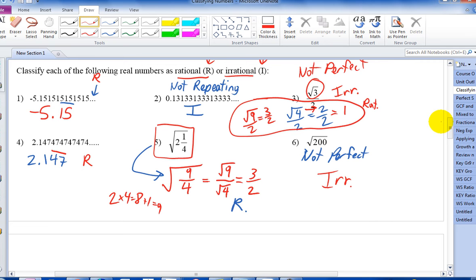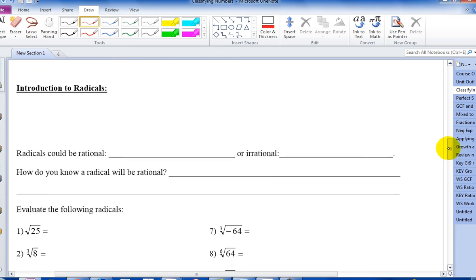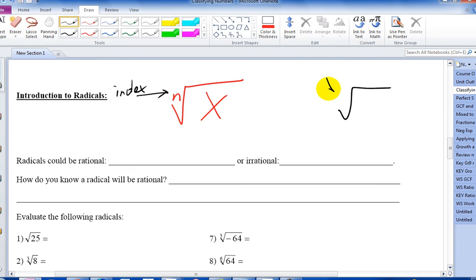All right. So let's just change over then. Introduction to radicals. So what we have here, real quick, this is called our index. Often if we don't write it, which we hardly ever do, what's our index? We never write it.